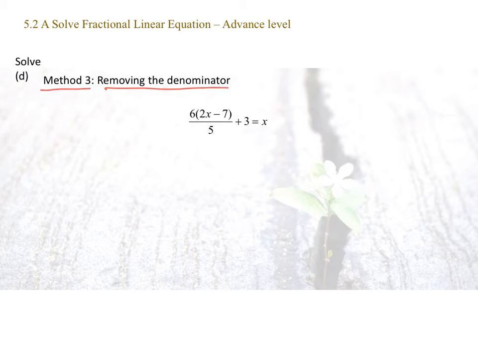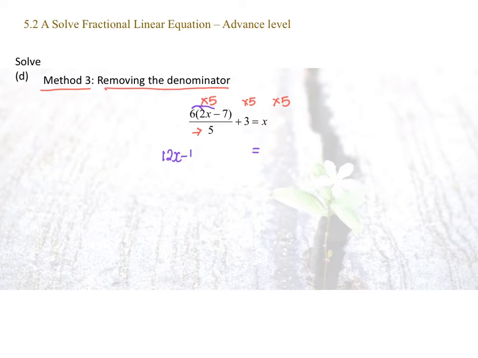In this case, the denominator over here is the number 5. So what we can do now is get rid of 5 by multiplying 5 to every single term in the equation. Now first there are brackets over here, and we can try to expand our brackets a little bit. And when we multiply by 5, the denominator disappears.